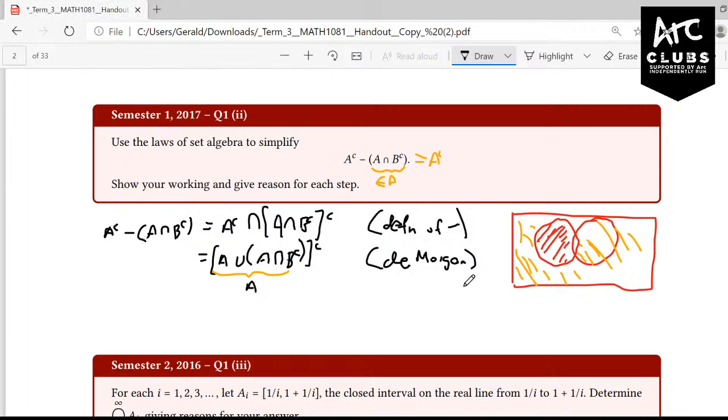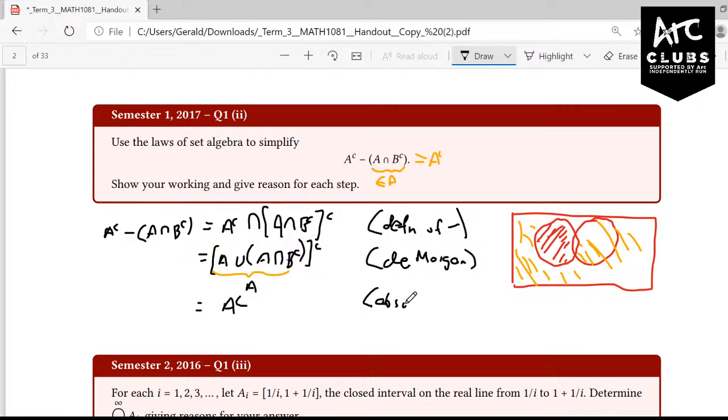As long as the marker knows what that means, we can use the definition of set difference or the difference law. It's the same idea. So for this step, we simplify this to A by the absorption law. So this becomes A complement.